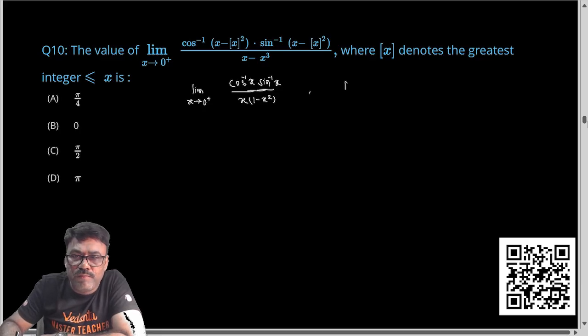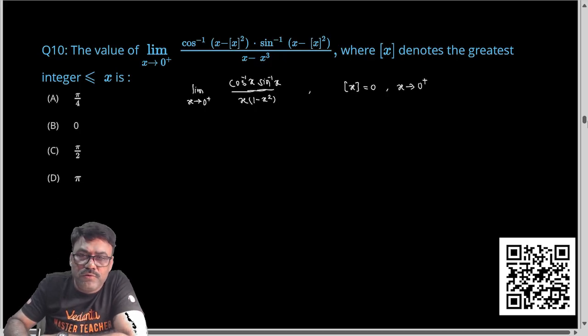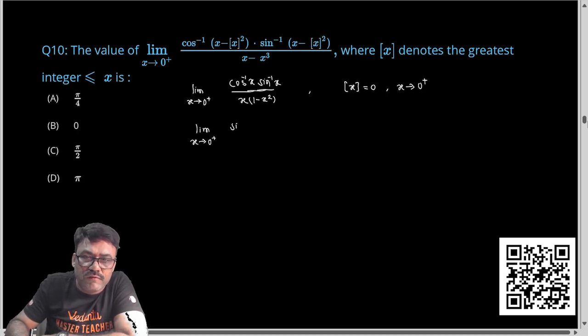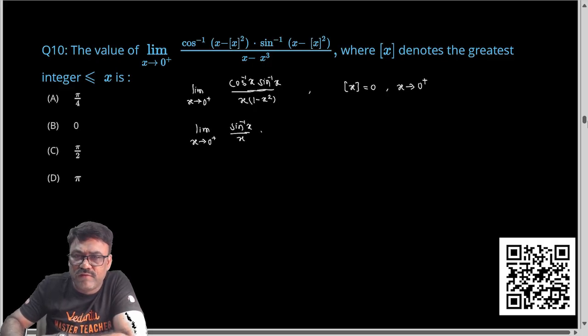Actually, integral part of x is 0 when x is approaching to 0 plus. Now you can write it as limit x approaching to 0 plus sin inverse x over x. This is a standard formula. This will be 1. Sin inverse x over x is 1.